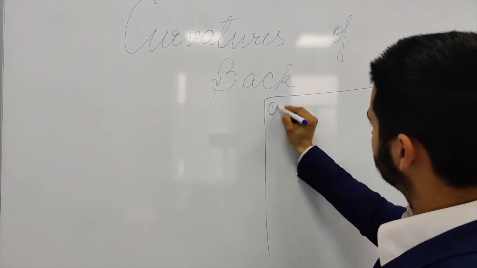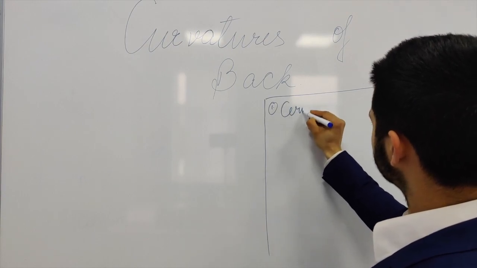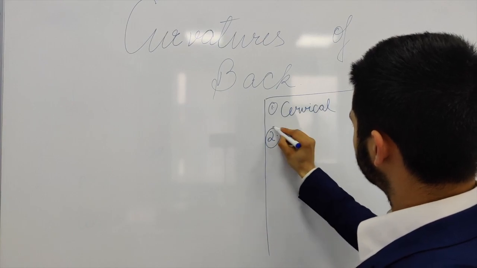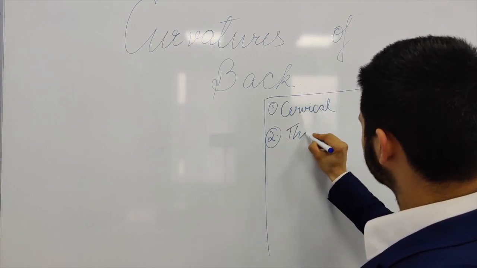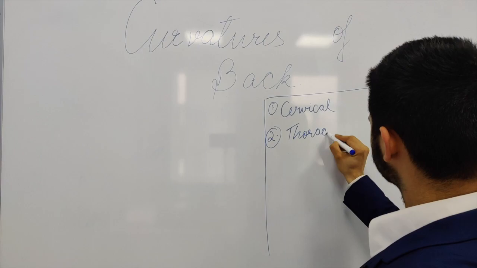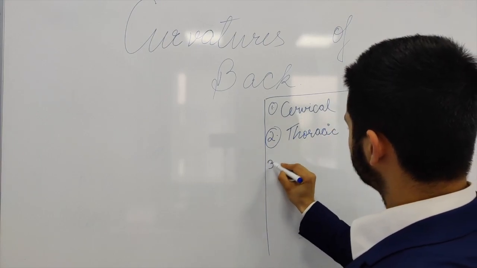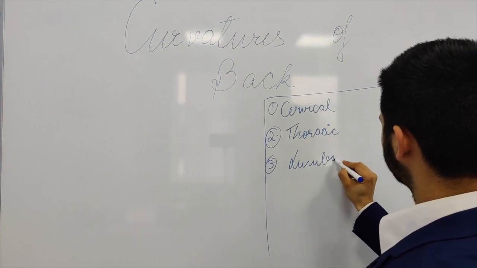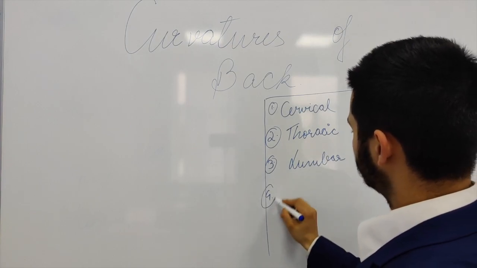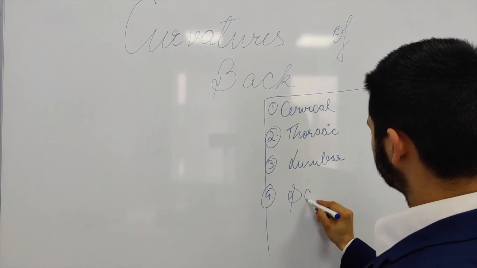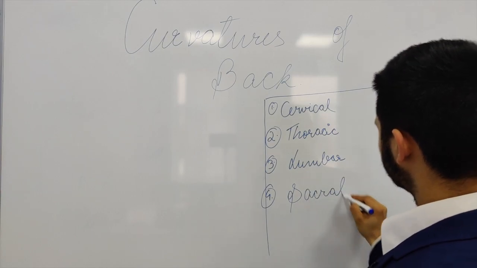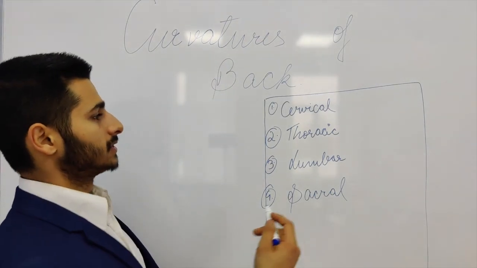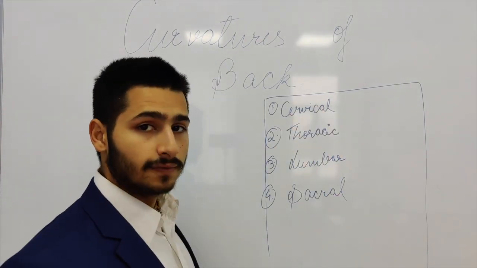We have the cervical region, thoracic, lumbar, and sacral region. These are the four regions that are present in the back, and we will discuss each of these regions in the next video.